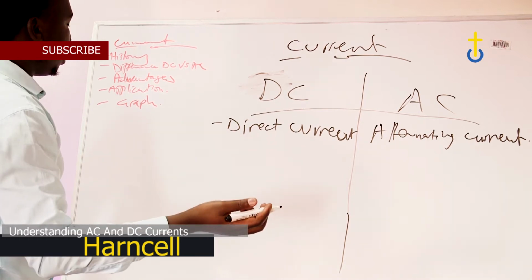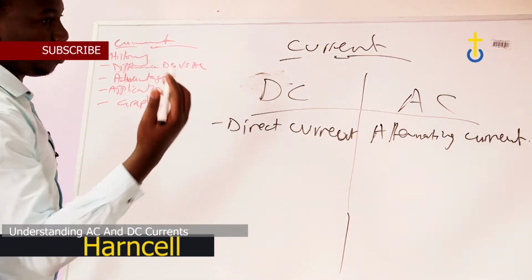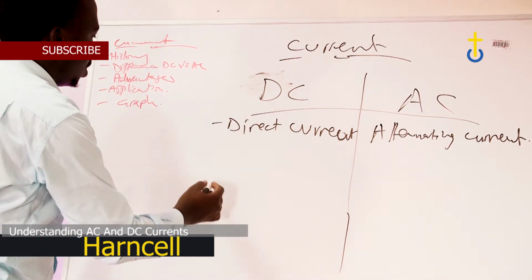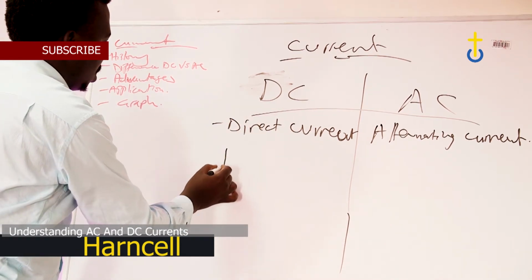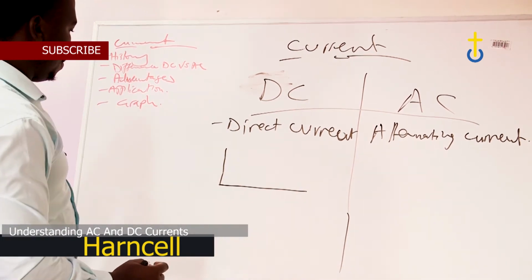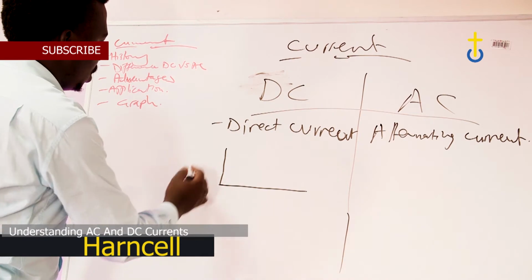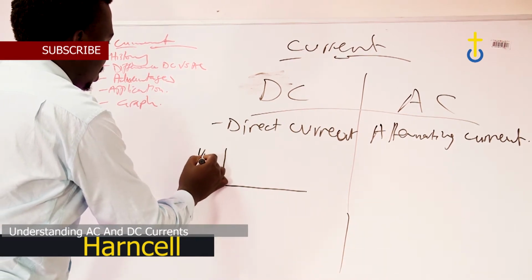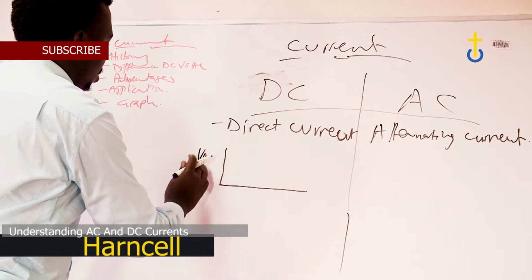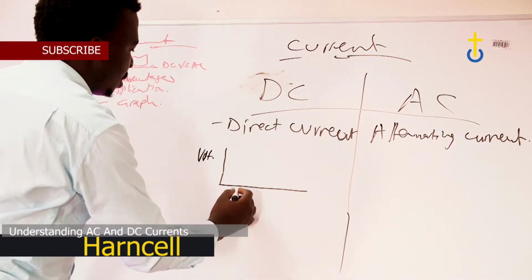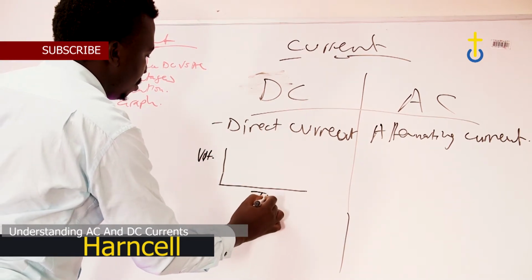In a closed circuit, a graphic representation of DC will look something like this. On the y-axis, we have voltage. On the x-axis, we have time.